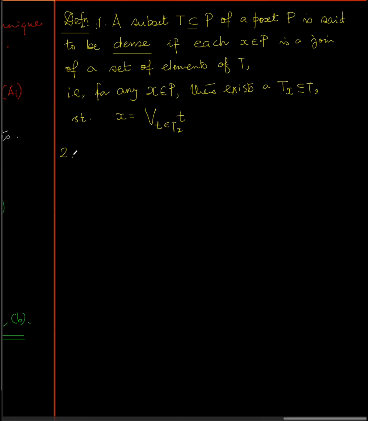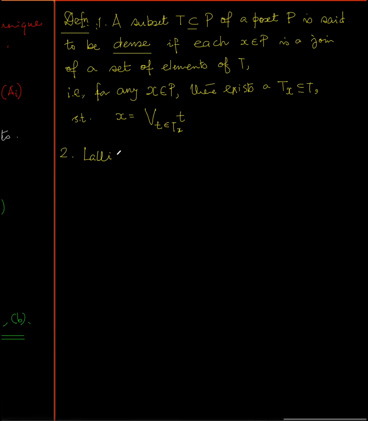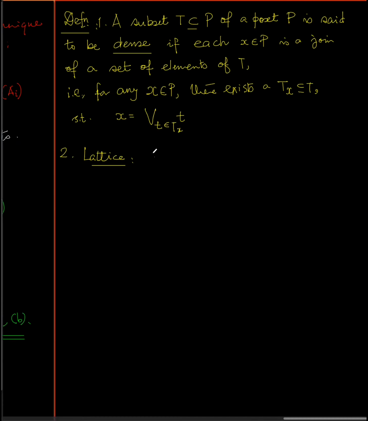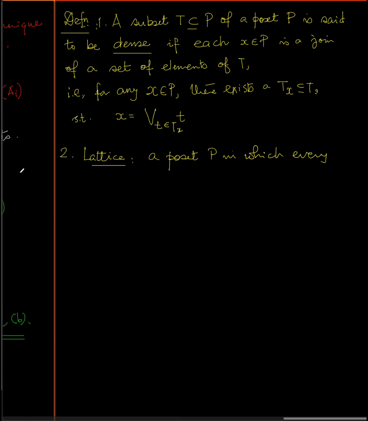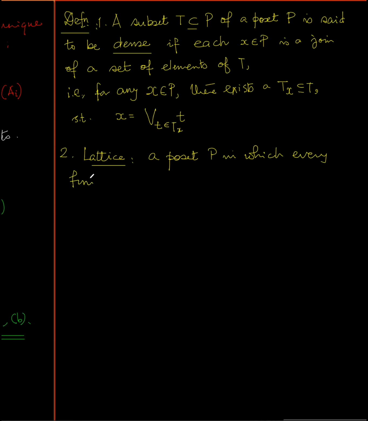So we started with a meet. So now let's say lattice. This is a poset P in which every finite set has a join and a meet.